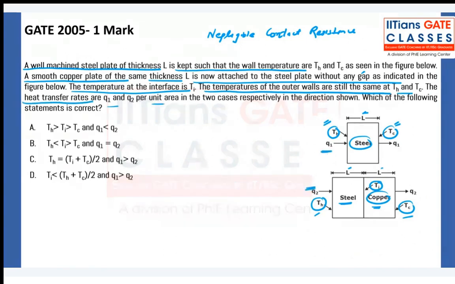So the area will remain the same for both the slabs. Respectively in the direction shown. Which of the following statements is correct? So there is a relationship between TH and Q. So we have to see which options are correct.